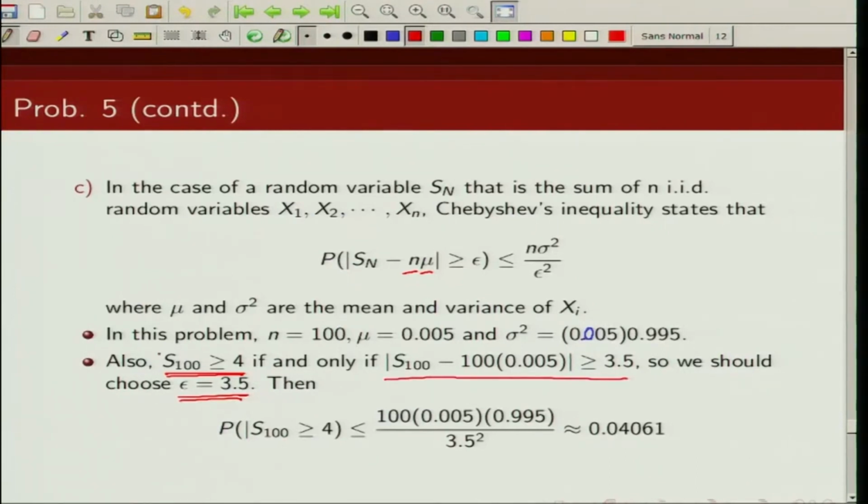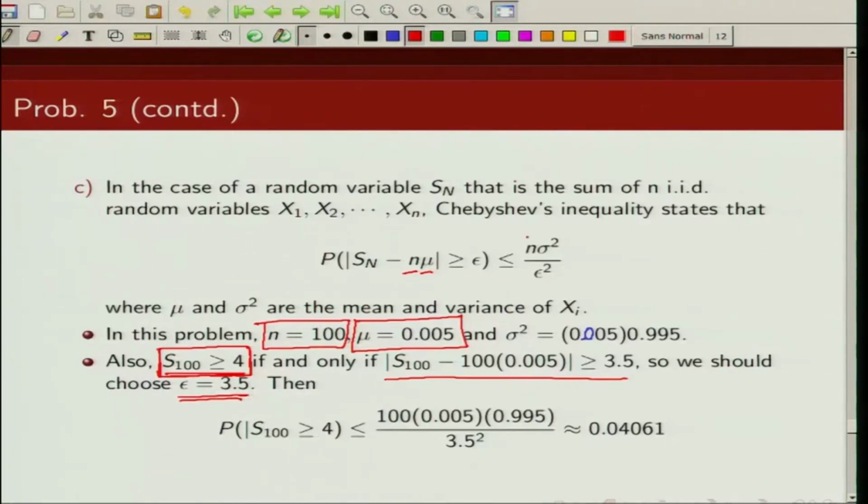Then only we will get the condition that the sum of these 100 bits has more than 3 ones. This mu is the mean of the number of ones, which is 0.005. So if we choose epsilon to be 3.5, we get the condition that the sum of these 100 bits has more than 3 ones.